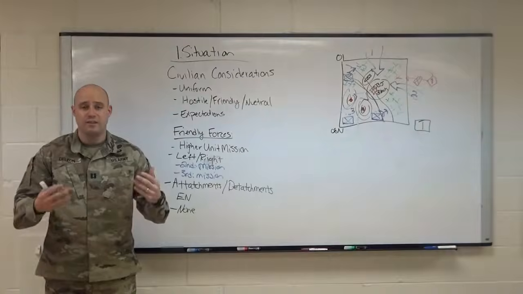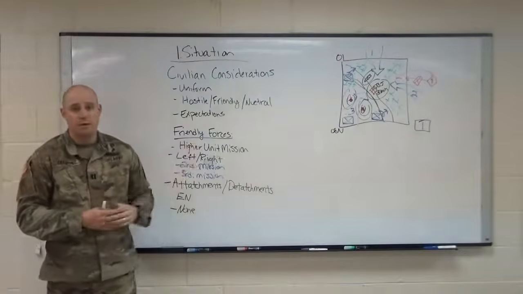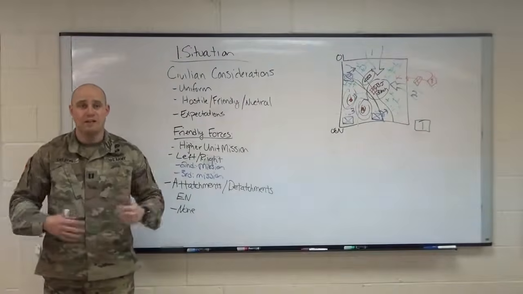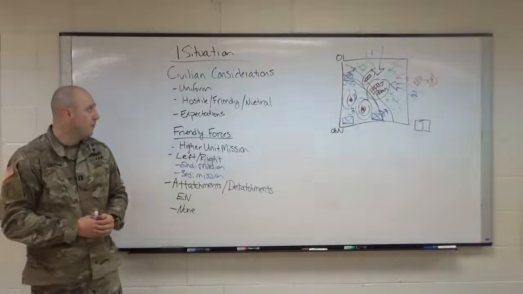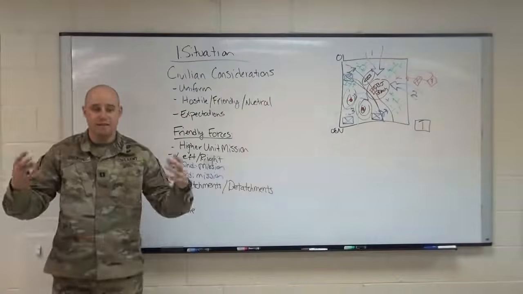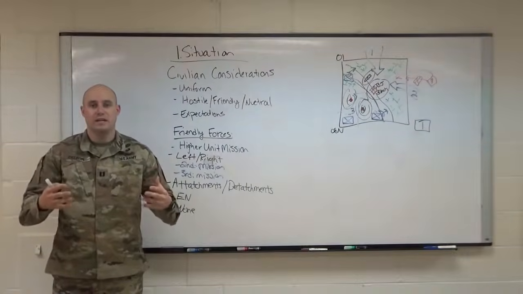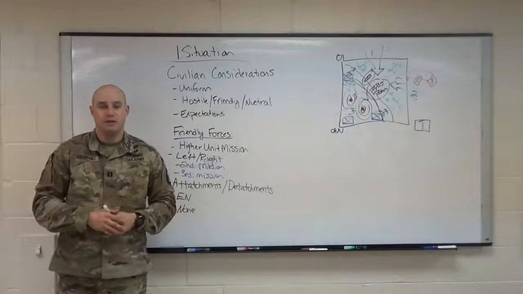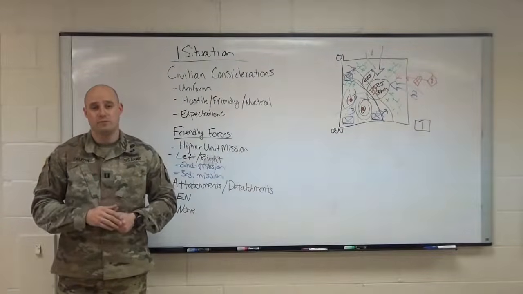Together those frame the environment, and how the enemy might potentially frame our environment as well through several courses of action, and how they might dispose themselves along the battlefield. Then we looked at the civilians, the friendly forces, and the attachments and detachments to gain that full understanding. This gives us the information we need to go on and make a well-formulated plan for how we're going to accomplish this mission.